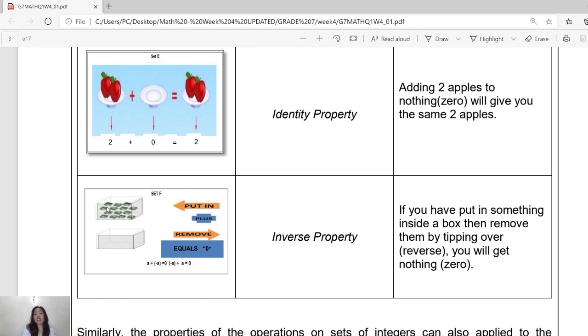When you put something in and you put it out, what is left? 0. Nothing. It is the same when you put A inside the box, then remove A from the box. The answer is always 0. Nothing left. So that is the inverse property.